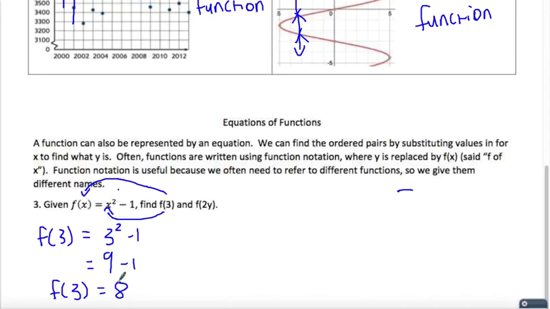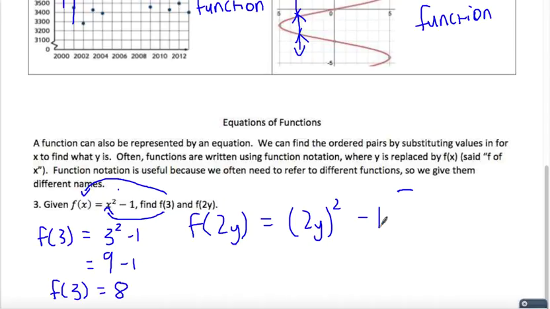f of 2y, so 2y is not a number, but we can still evaluate f of 2y by, again, substituting in 2y everywhere I see the variable x. So instead of x squared, I have (2y) squared minus 1.